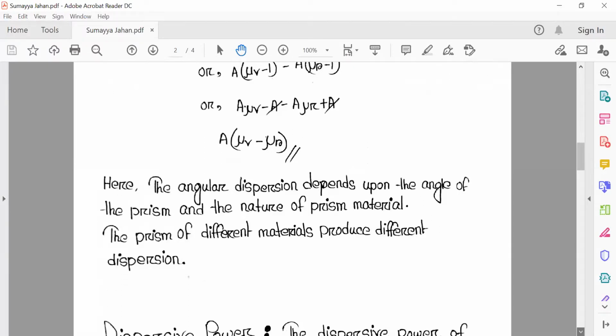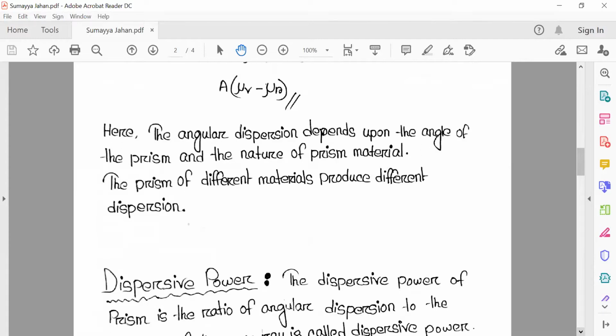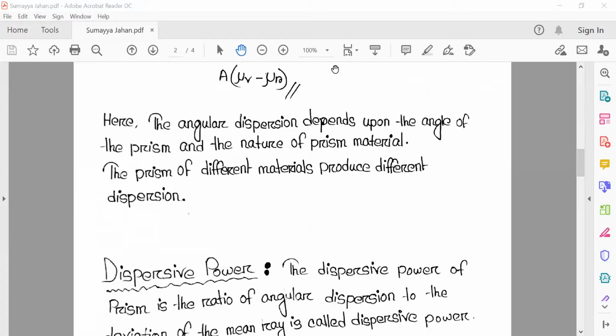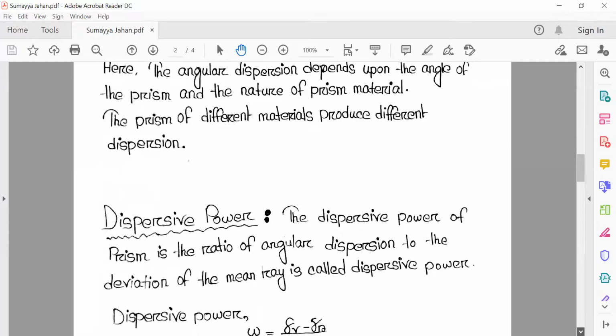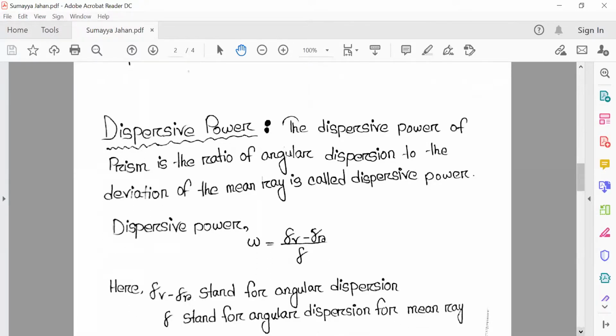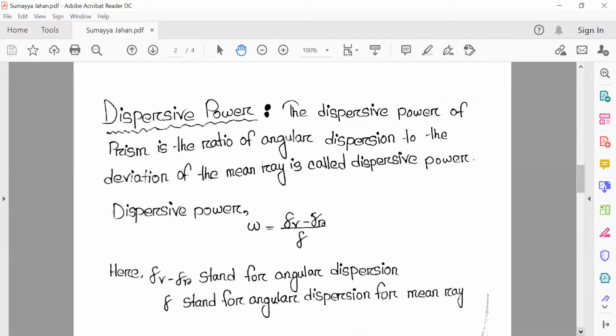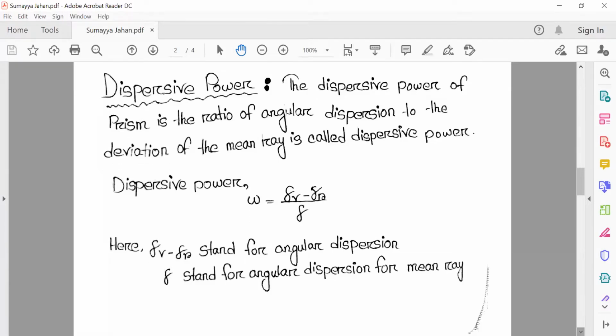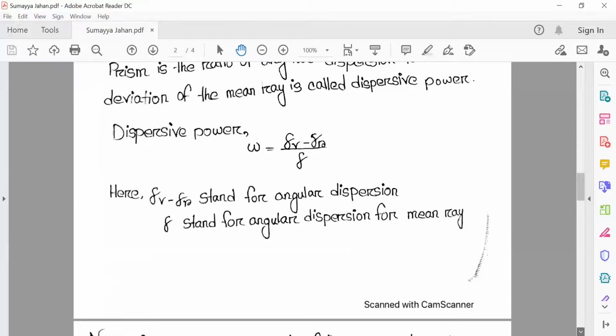Now dispersive power. The dispersive power of a prism is the ratio of angular dispersion to the deviation of the mean ray. We know dispersive power omega equals delta V minus delta R by delta. Here delta V minus delta R stands for angular dispersion and delta stands for the deviation of the mean ray.